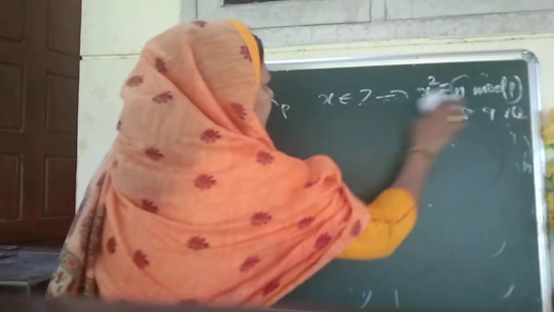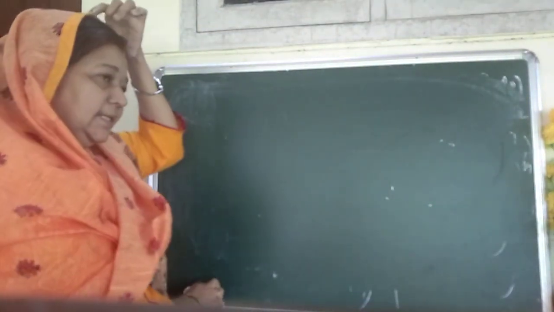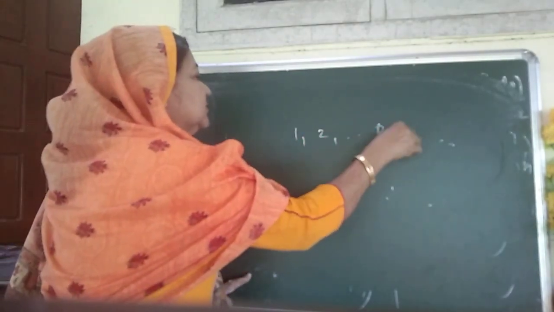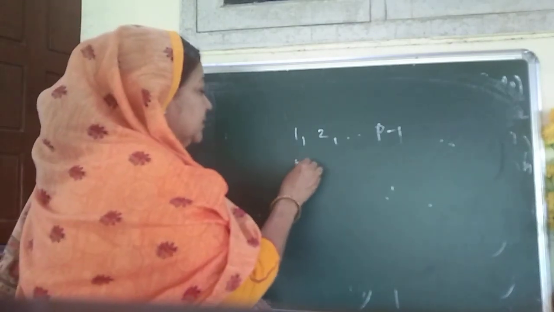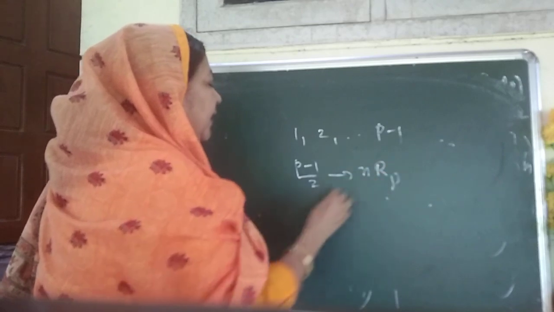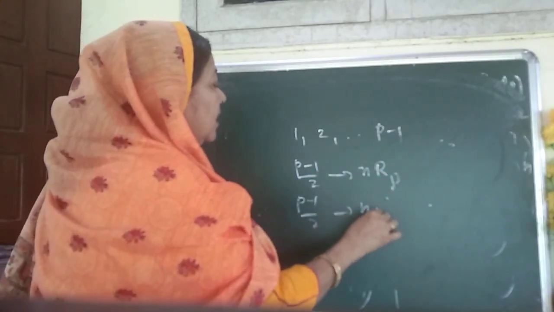Then the first property is: among these p minus 1 numbers 1, 2, up to p minus 1, p minus 1 by 2 numbers are quadratic residues, and the remaining p minus 1 by 2 numbers are non-residues.